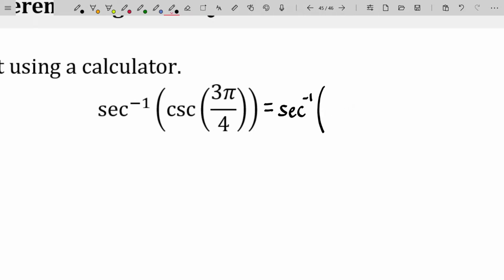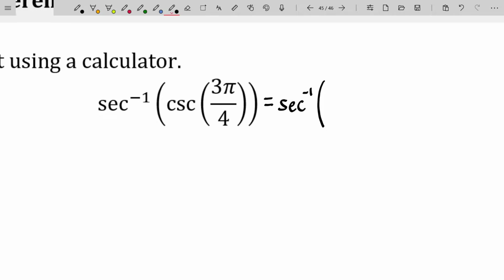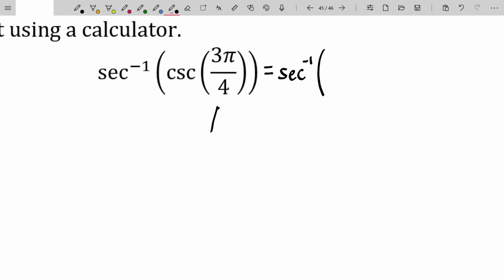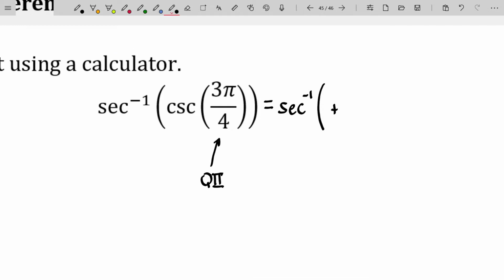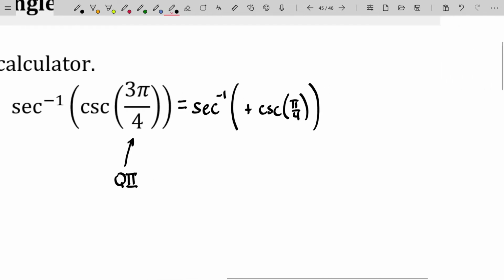Well, let's go ahead and worry about the cosecant of 3 pi over 4. 3 pi over 4 is a quadrant 2 angle, right? And the cosecant is positive in quadrant 2, so it's going to be positive cosecant of the reference angle. And cosecant of pi over 4 is root 2. So this is secant inverse of root 2.